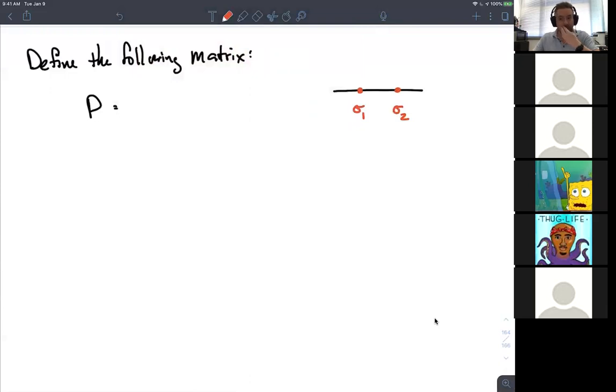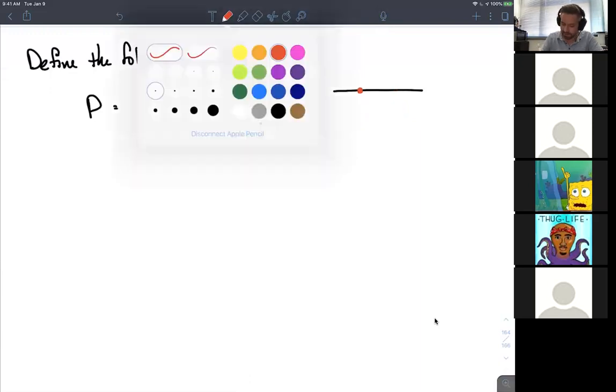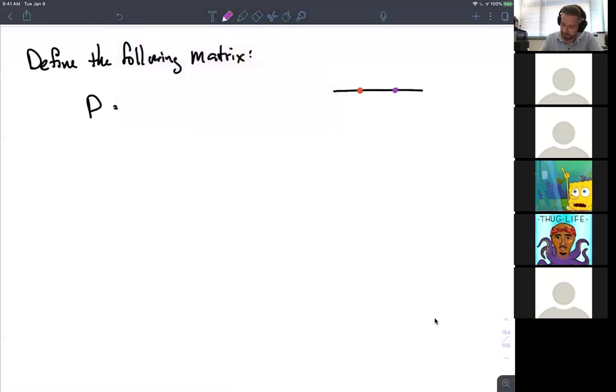Now, the way I'm going to formulate this matrix for these two spin elements is, actually let me use two colors because that would be better. This is sigma 2 and sigma 1 is in red.